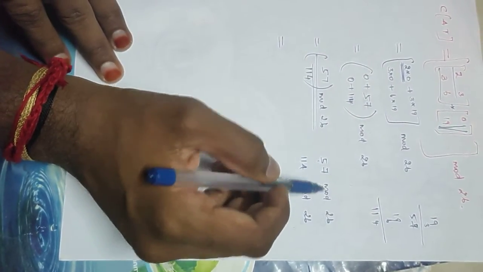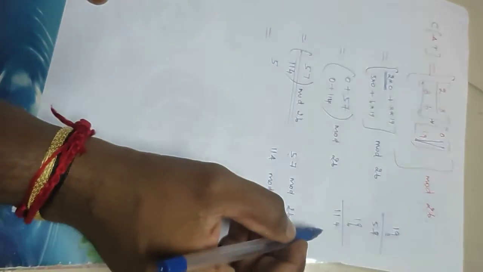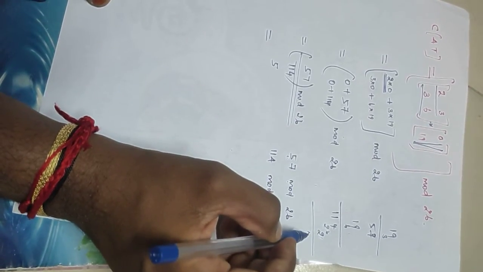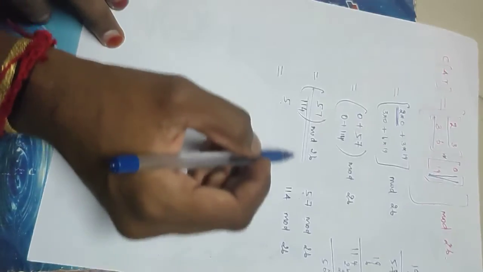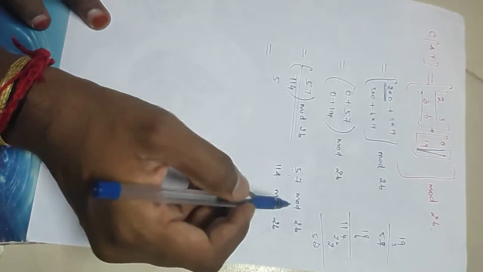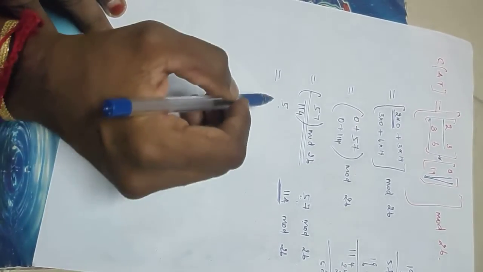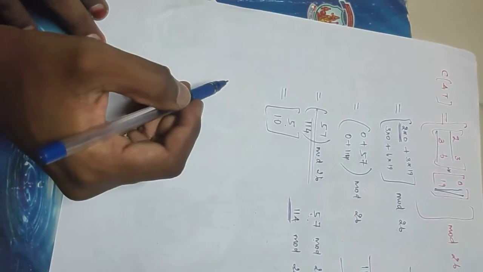What is the value of 57 mod 26? It should be 5. Why? 26 times 2 is 52, and the remainder is 5. And 26 goes into 114 four times, so the remainder of 114 is 10.